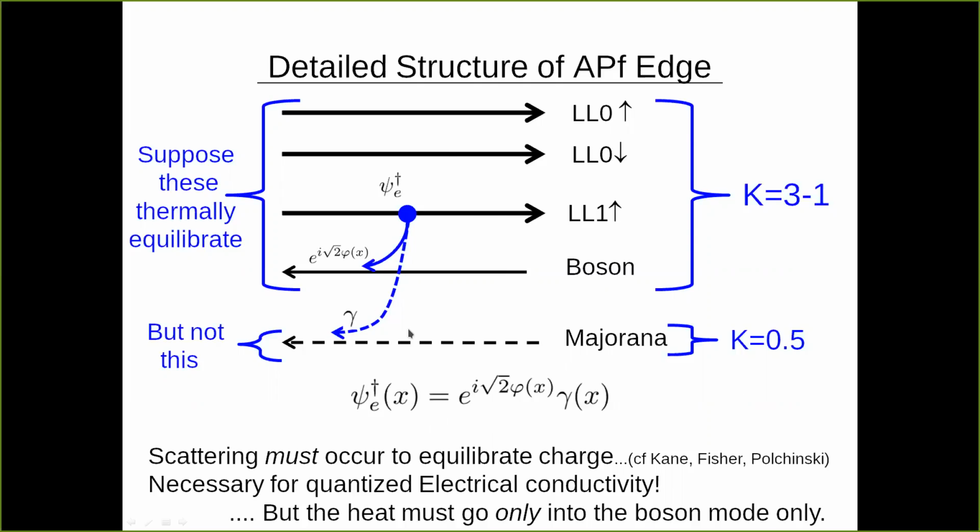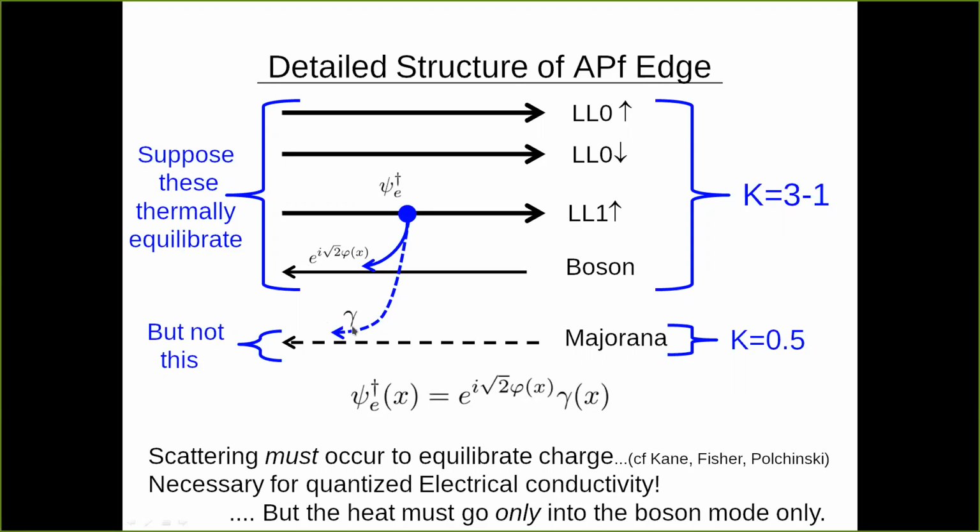Now, the electron, when it scatters into the fractional quantum Hall state, it breaks up, it fractionalizes into a Majorana and a boson. So when this electron backscatters, it has to put something into the Majorana mode. On the one hand, I'm saying the Majorana mode is not thermally equilibrating with the others. On the other hand, in order to get quantized electrical conductivity, I know this backscattering is occurring.